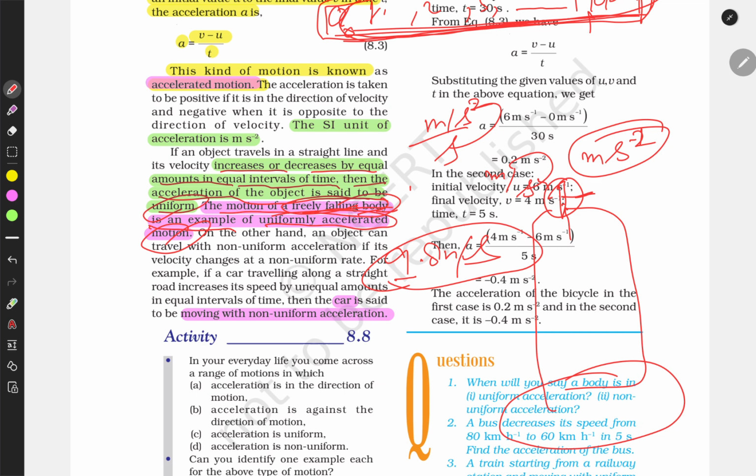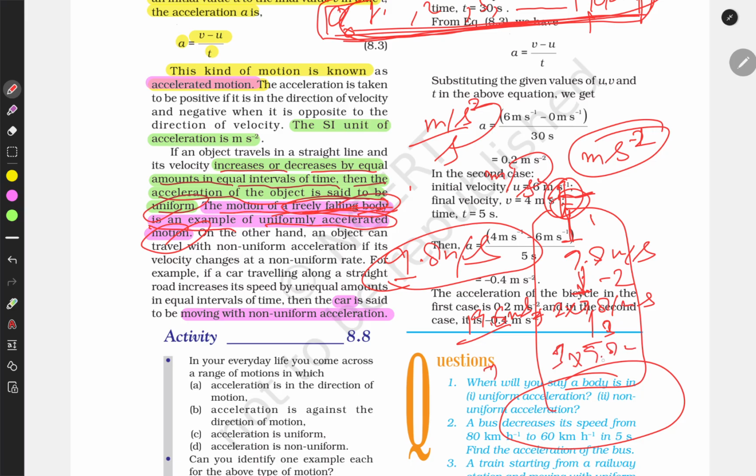It starts at 0 speed. In 1 second it will reach 9.8 meters per second, and after 2 seconds it will reach 2 into 9.8, which is 19.6 meters per second.